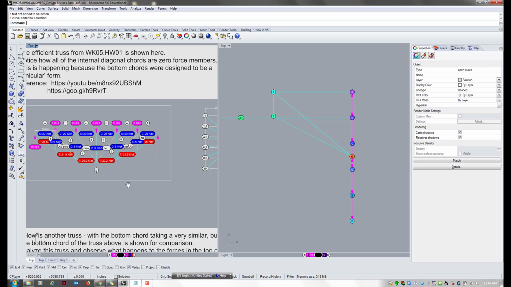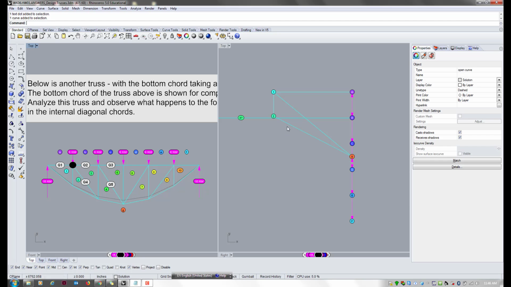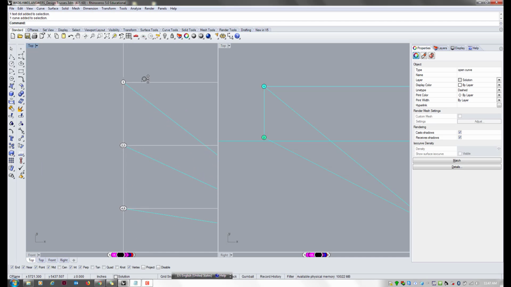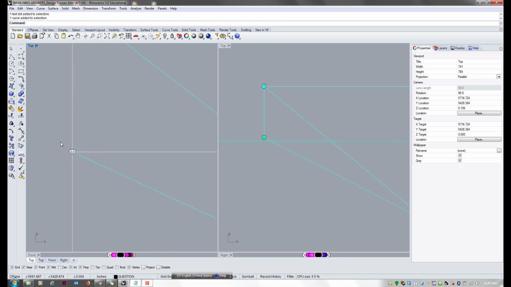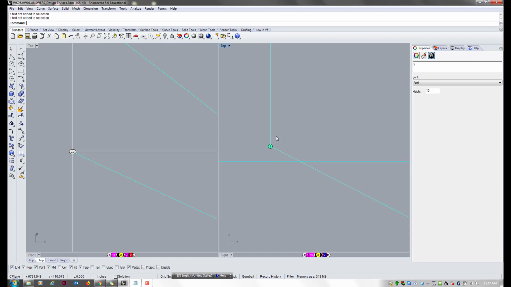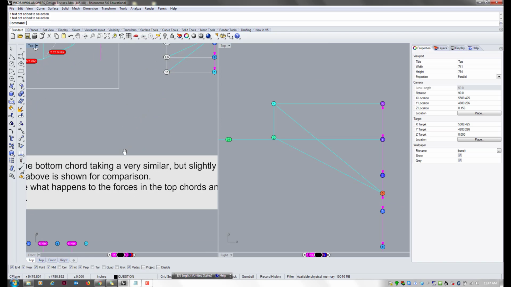But now, because the geometry of the truss has changed ever so slightly, what you would notice is that even though it's very close, if you zoom in, the force diagram from the previous truss on the left side shows 2 and 3 as the identical point, but now you can observe the point 2 has shifted above slightly, so that's something different.